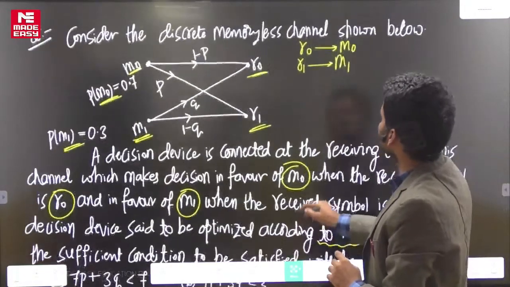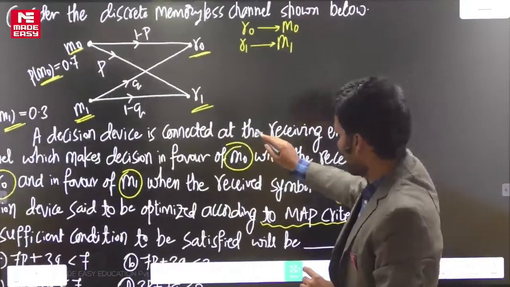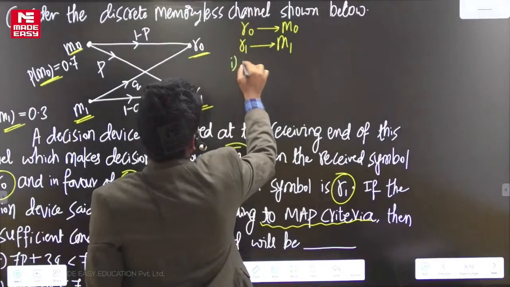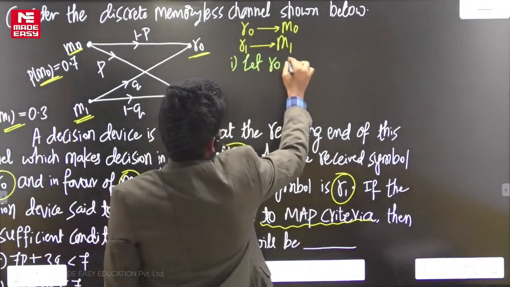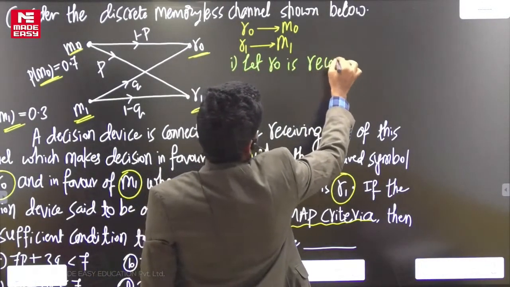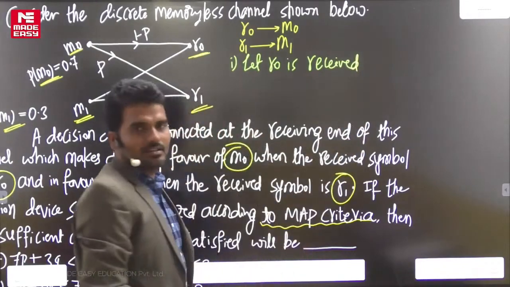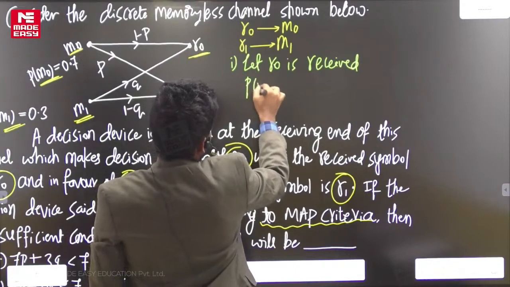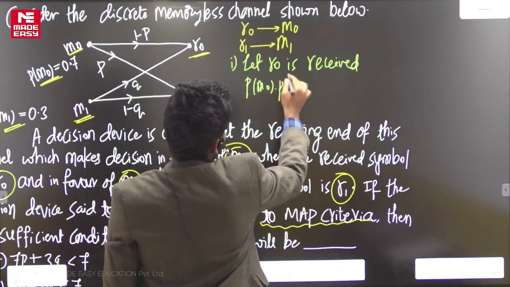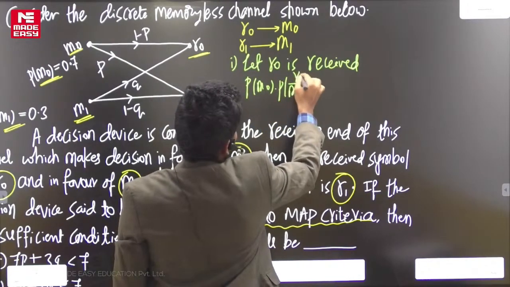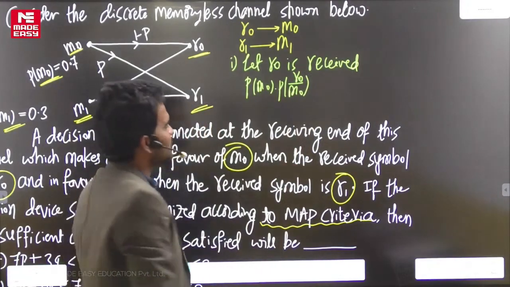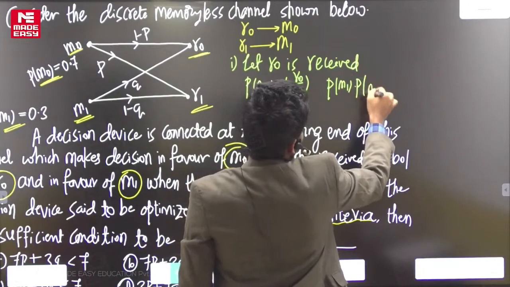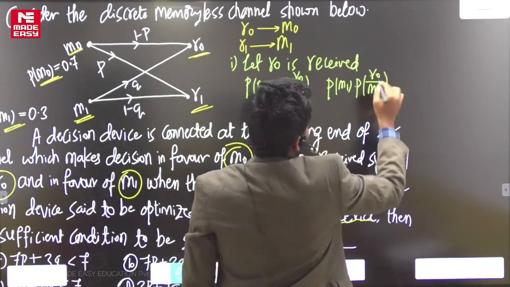Now, let R0 be received. To receive R0 there are two possibilities: M0 emitted and M0 received as R0, or M1 emitted and M1 received as R0.